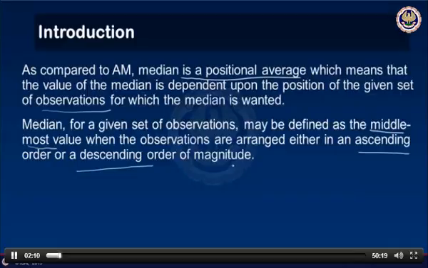We have to decide whether the data is in increasing order or decreasing order. We first have to order the data according to the magnitude of the observed data. Now, in the coming slides, we will discuss examples of the median when the data has an even number of observations and an odd number of observations.